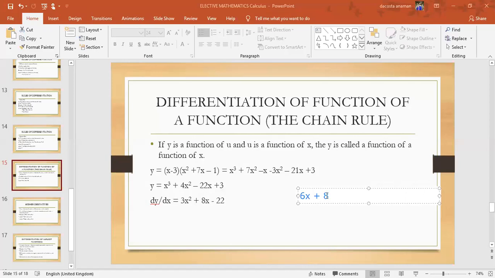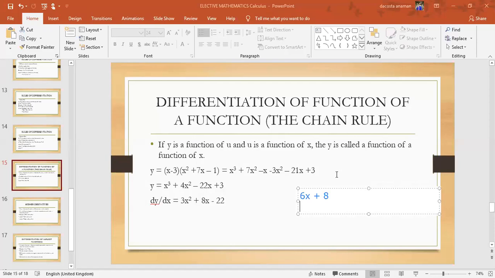If they tell you to find a third derivative, which is not common at the senior high school level, but you can be asked to find a third derivative. That's the d³y over dx cubed.